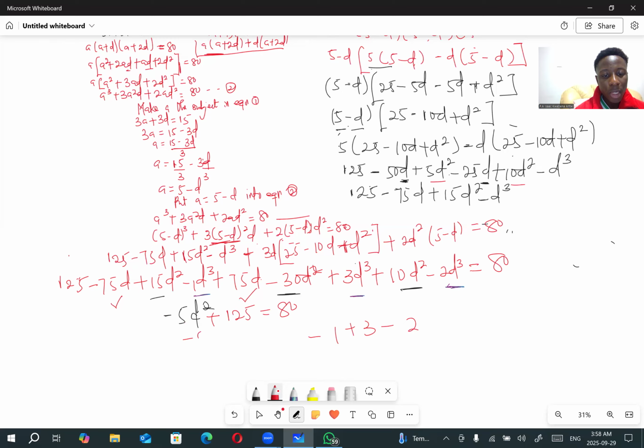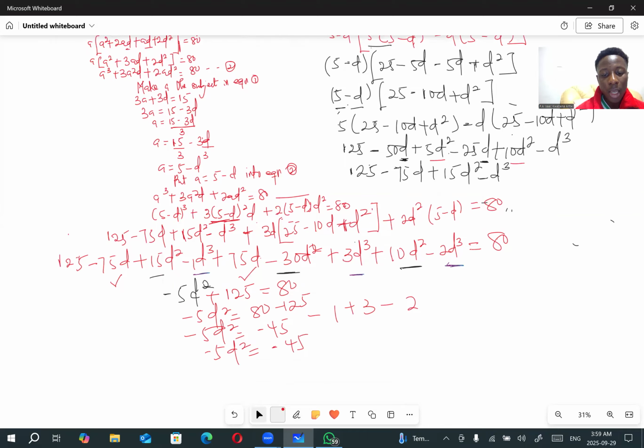So -5d squared is equal to 80 minus 125, which is -45, right? So you agree. What do you do to get d?